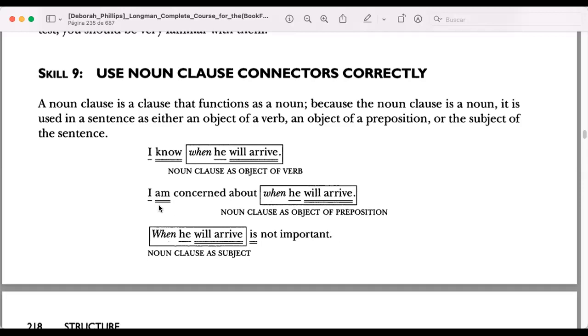I have the main idea that when he will arrive is the whole subject, okay? It is not important. Verb is not important complement, okay? In this case, with all the connector, we have when as a connector, but we have the subject and the verb, and together are a noun clause.